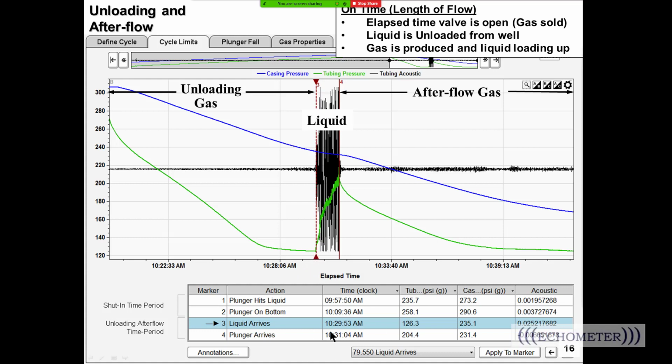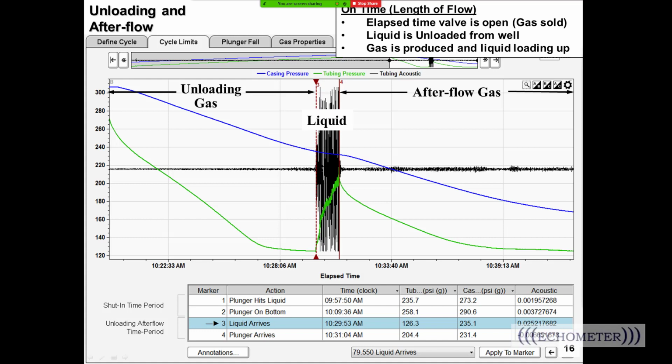Right here, it says the liquid starts to arrive at a tubing pressure of 126 psi, and the casing pressure right here has dropped down to about 235 psi. So that's a drop from about 258. No, it looks higher than that. It's from about almost 300 psi down to about 258. That's when the liquid starts being brought to surface.